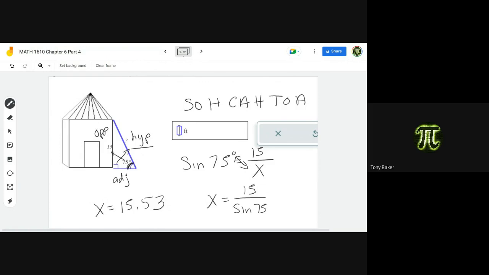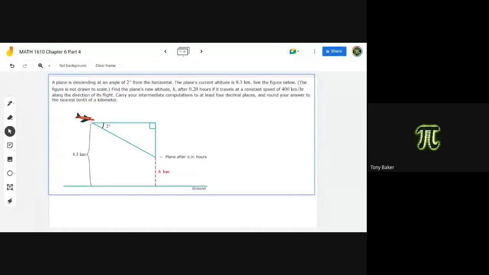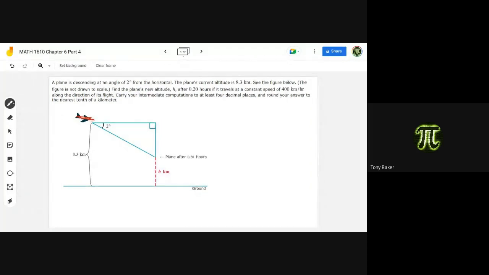All right. So most of these word problems are just going to come back down to which function you're using and making sure you have the right pieces. This one.